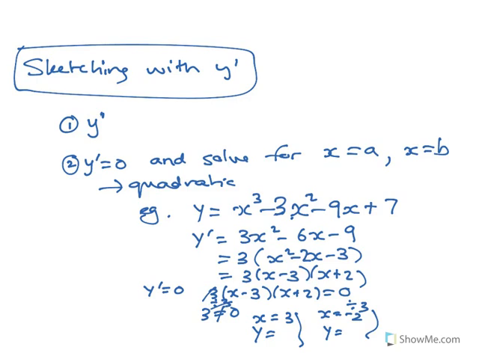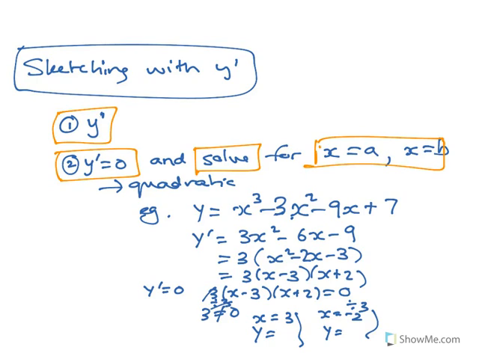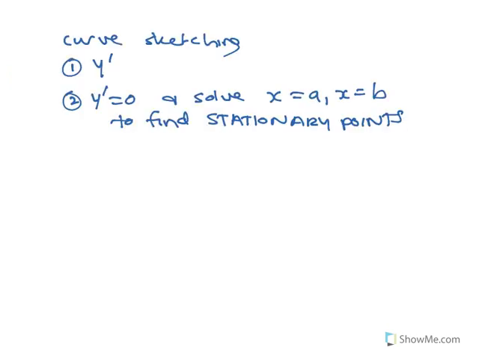Okay, so step 1 is find y dash. Step 2 is make y dash equal 0 and solve for x equals a and x equals b. This will help you find your stationary points.